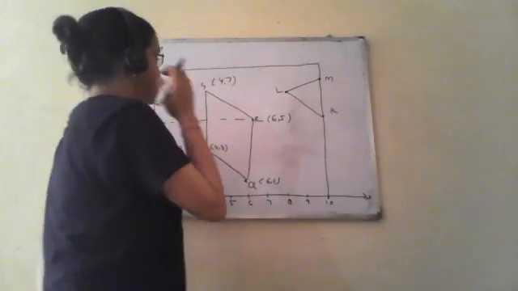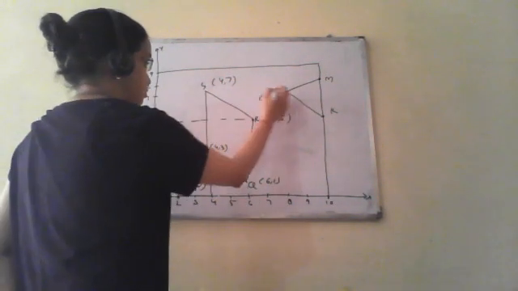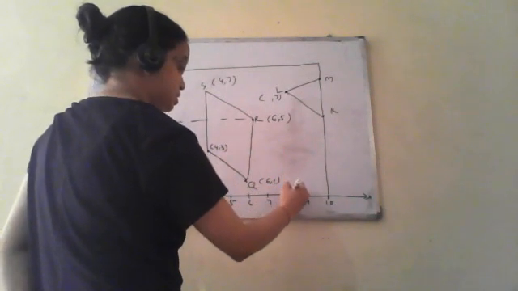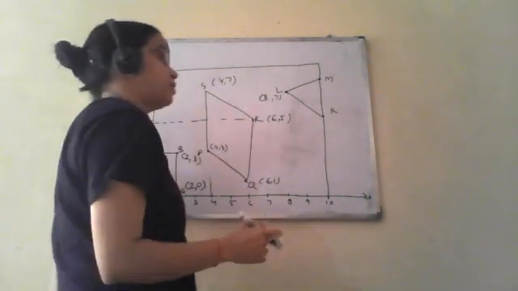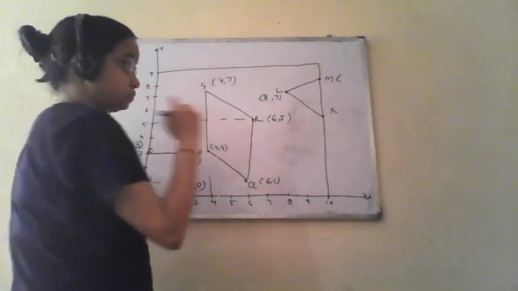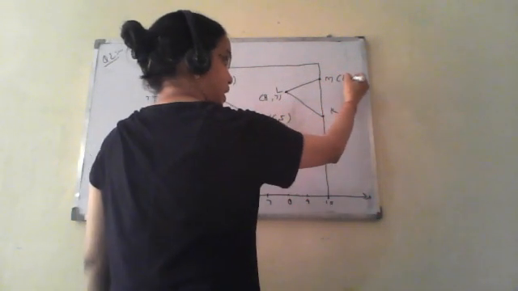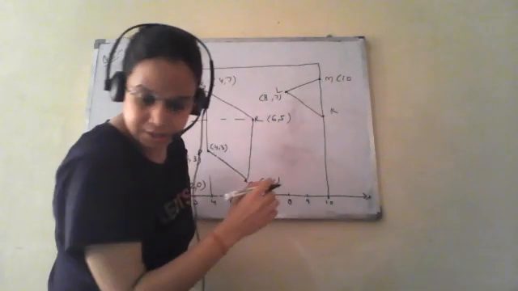Now talk about this L. If we draw a perpendicular line on the y axis, it is 7, and on the x axis it is 8. So the coordinates will be (8, 7). Now M. The coordinates are, x part is 10 and y part is 8.